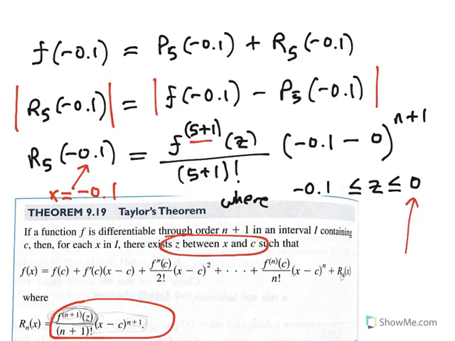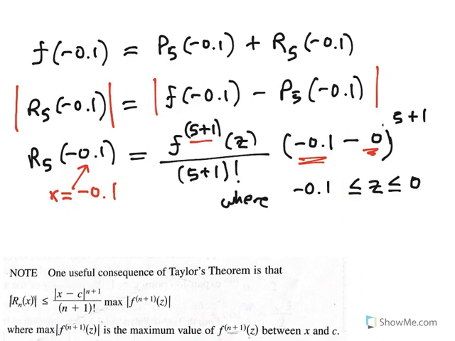So c is the center of our Taylor polynomial approximation, which is 0, and x is negative 0.1. So z is somewhere between negative 0.1 and 0. So we have the sixth derivative of f evaluated at z divided by 6 factorial times negative 0.1, which is x, minus c to the n plus 1 power, and of course n is 5, so this is to the 5 plus 1 power. This is the remainder according to Taylor's theorem.